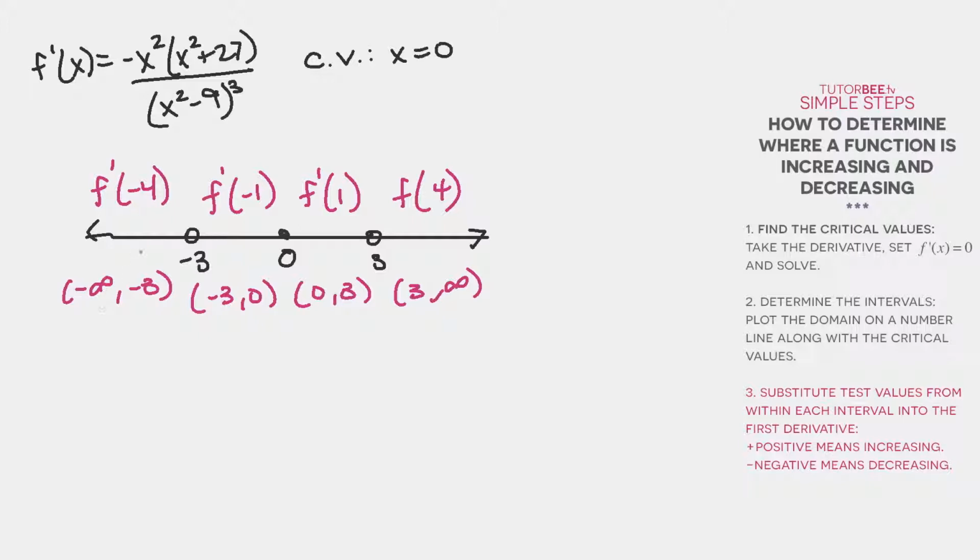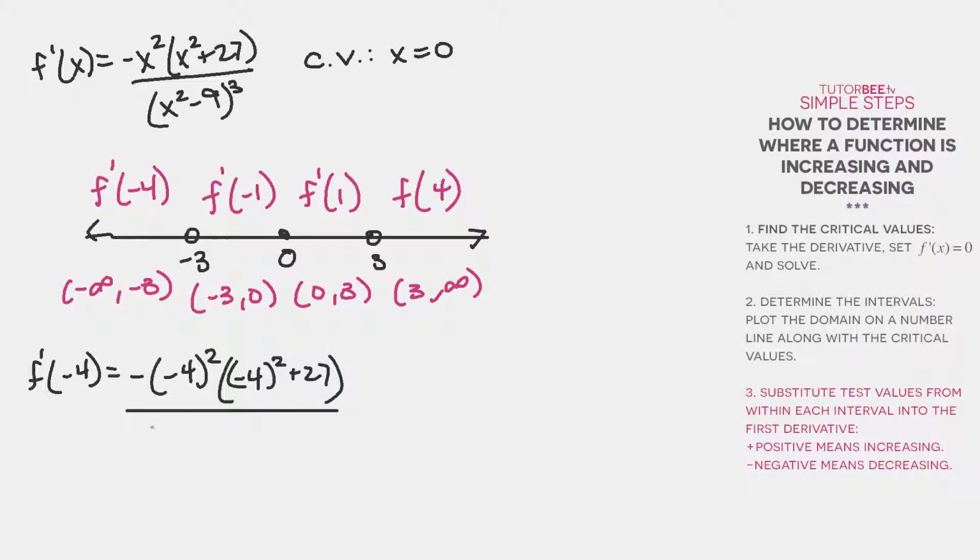Okay, so what we're going to do is we'll sub negative 4 into here. So f prime at negative 4 is going to be negative bracket negative 4 squared, then we have negative 4 squared plus 27 all over negative 4 squared minus 9 cubed.